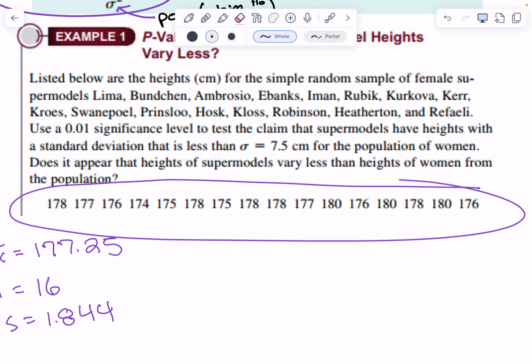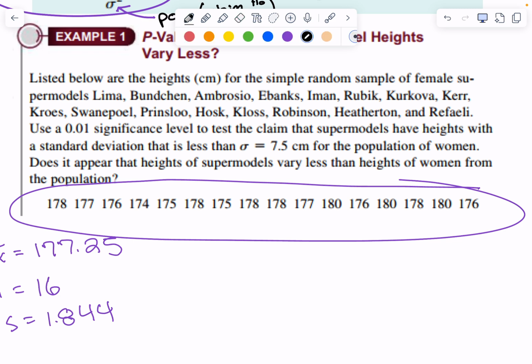So what we're doing is testing the standard deviation, which tells me how much their height deviates, right? Because if it's a low deviation, then they are all about the same height. Does that make sense? We want them all to be the same height, the same body build and everything, because then we can put a random outfit on any supermodel and it will fit them because they're all the same size, right? And we don't have to do much alterations.